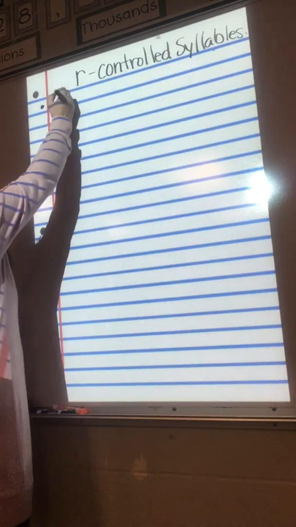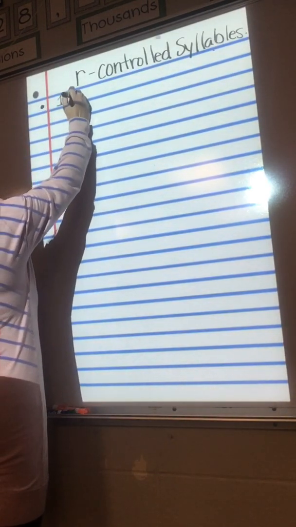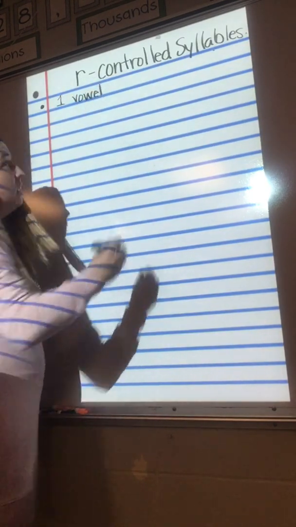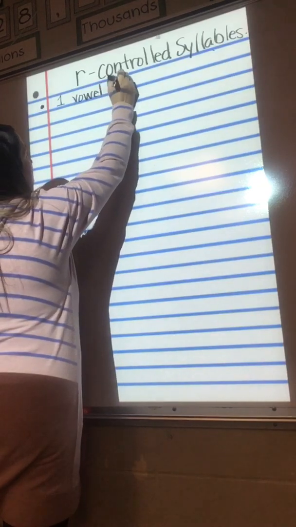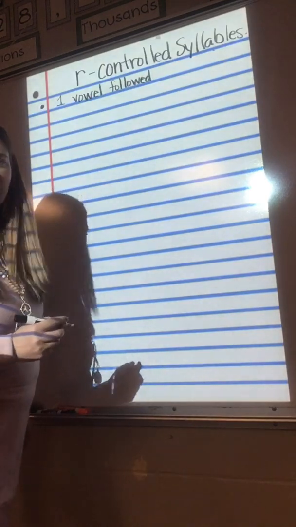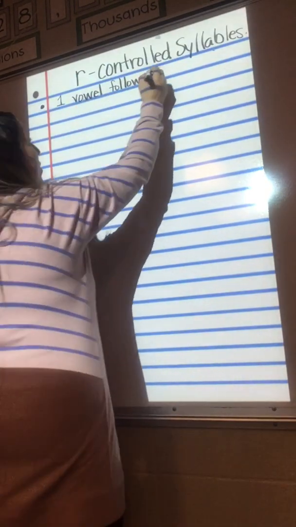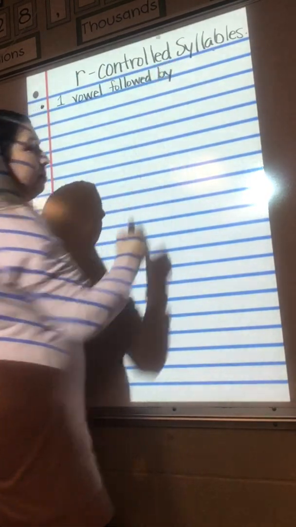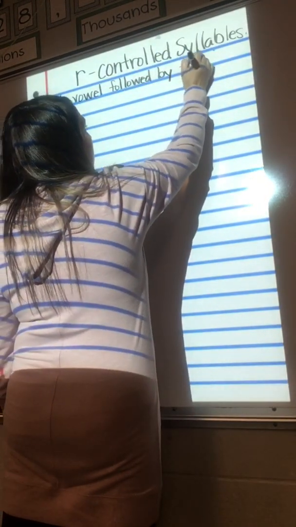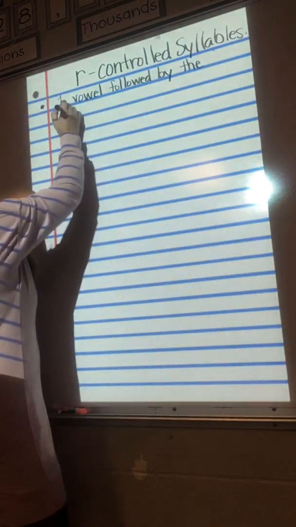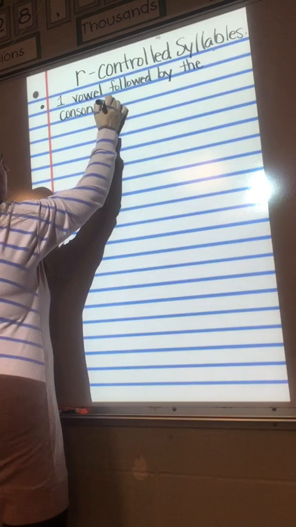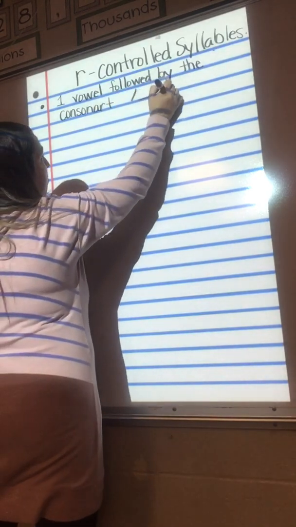The first way is one vowel followed by the consonant blank.